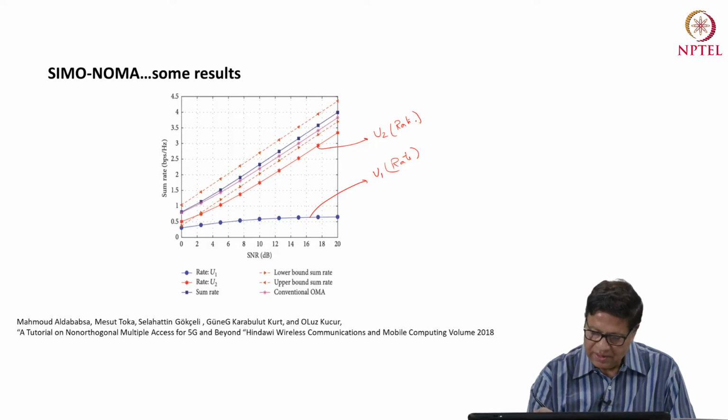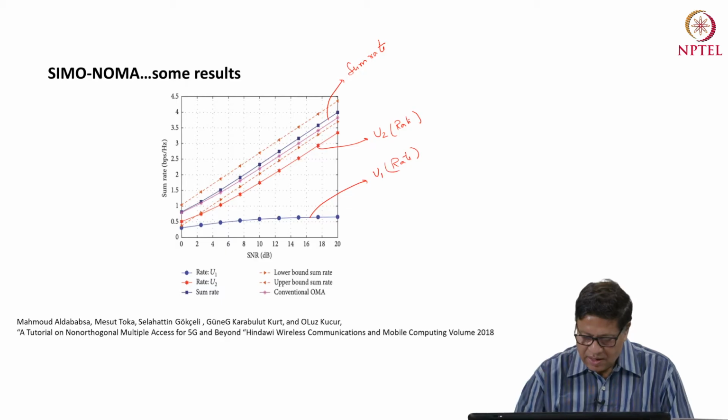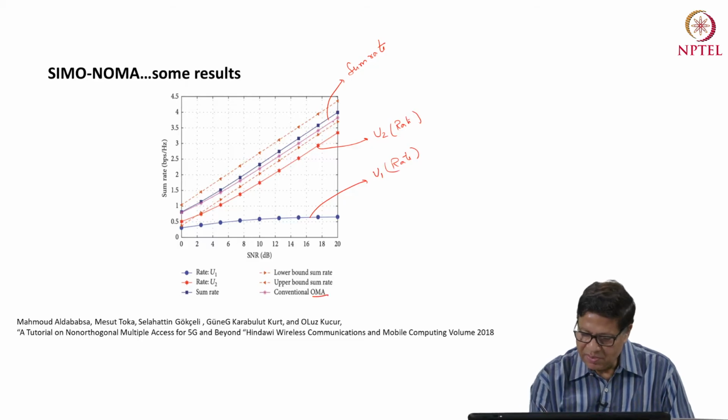And the sum rate is given by this curve. And the conventional orthogonal multiple access, that is OMA, is given by this.